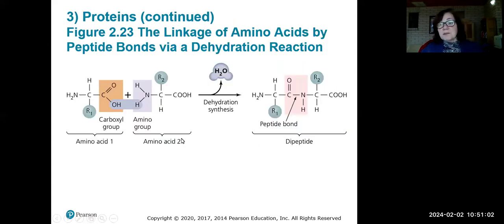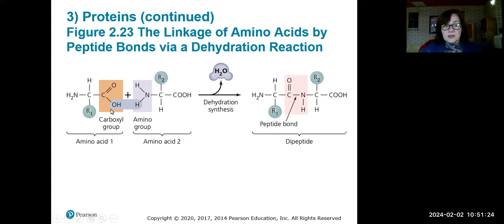All right, so the peptide bonds. I mentioned that amino acid number 1 is going to bind to amino acid number 2. They all have an amino group. Here on the left of this one they represented it in one way, but it's always the same: a nitrogen and a couple of hydrogens.